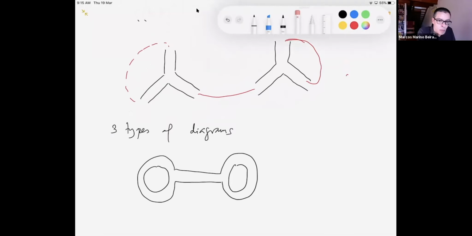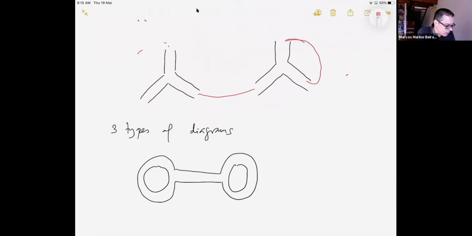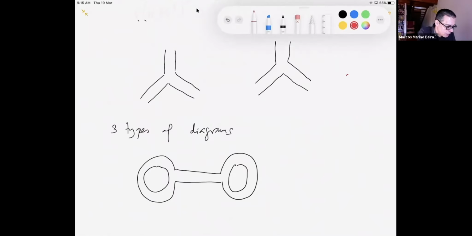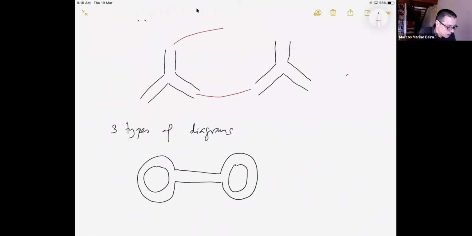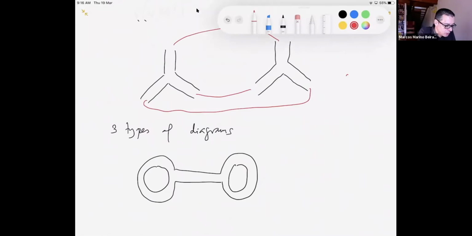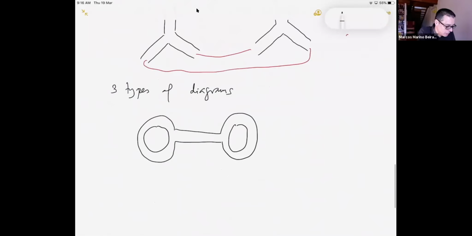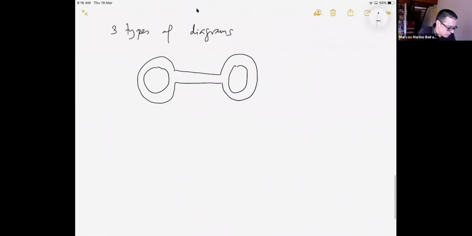Now we can get two other diagrams, by joining the three legs together. So we would have this, this, and this, for example. If you do this, we will get this diagram.